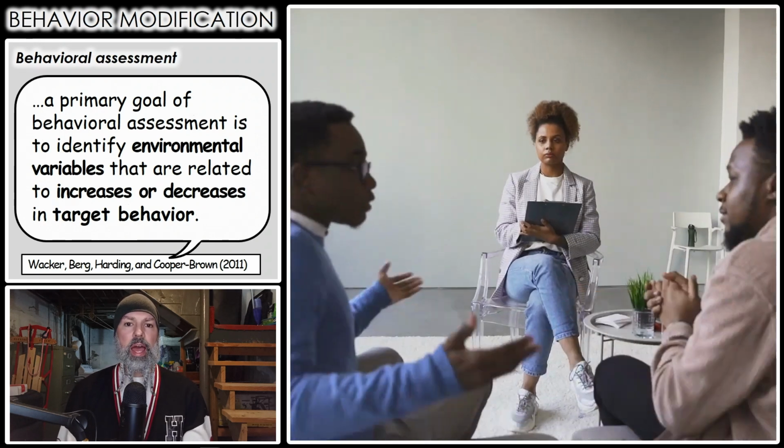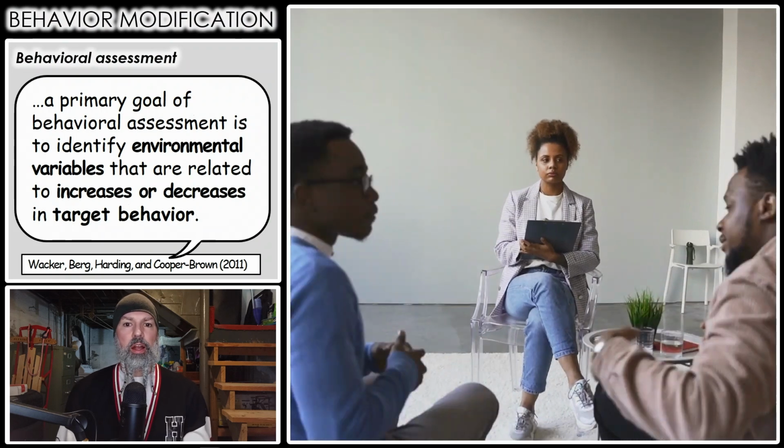So if you had an individual that was very argumentative, if you had an individual that didn't have good communication and social skills, well, then one thing that you can do is you can begin with an assessment to identify those environmental variables that increase this behavior, and then also try to identify variables that will decrease this target behavior, this argumentative, lack of communication skills, lack of social skills type of behavior.